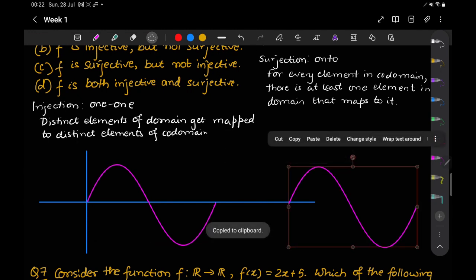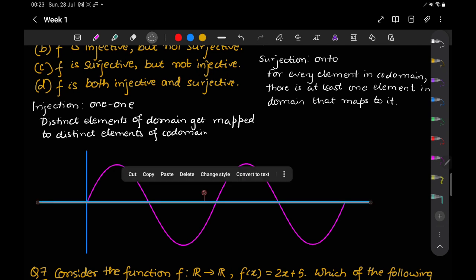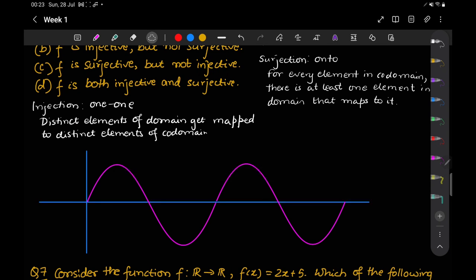Let me copy paste it again. Okay, so labeling the axes, this is x, this is the y-axis, which is sin x, and this function goes from +1 to -1.